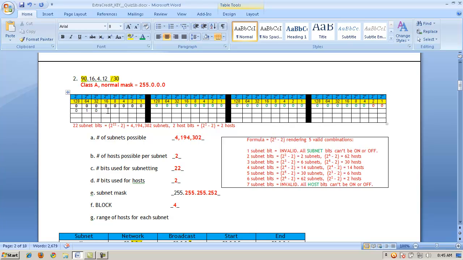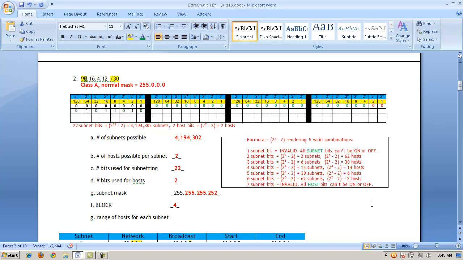Okay, so what about the 16-bit? Could we turn the 16-bit on? Yes, we could. That would give us 80. Okay, and then now we just need 10 more. So we could turn the 8-bit on. We can't turn the 4-bit on; we have to turn that off. We could turn the 2-bit on, and we can't turn the 1-bit on. So that in binary gives us our 90 right here, in the first octet, the first byte.